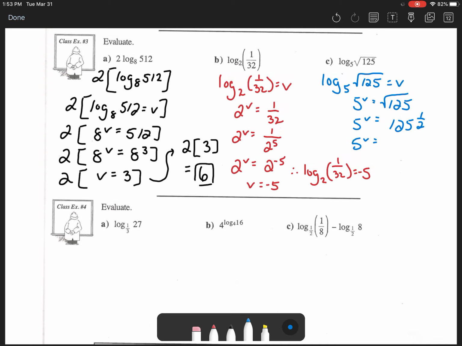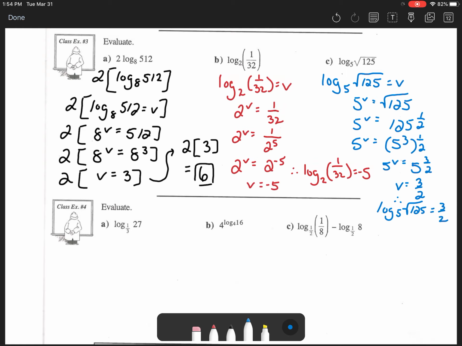Now the number 125 is actually 5 cubed, isn't it? So 5 cubed is 125, and it's still to the exponent of 1/2. So 5 to the exponent of v will equal 5 to the exponent of 3 over 2. So v is equal to 3 over 2. And therefore, I can just state that log base 5 of root 125 is equal to 3 over 2.